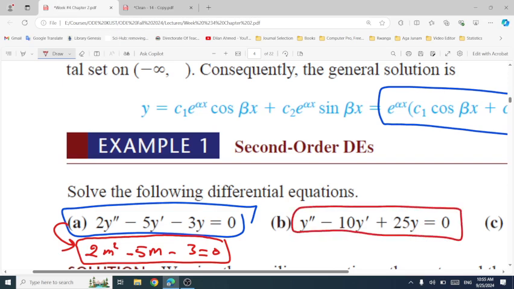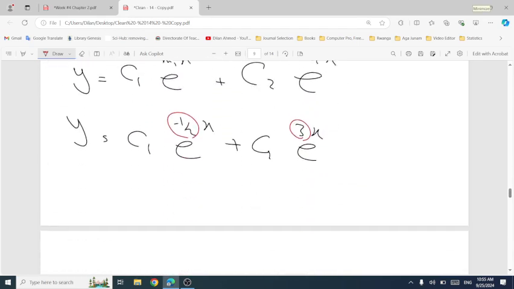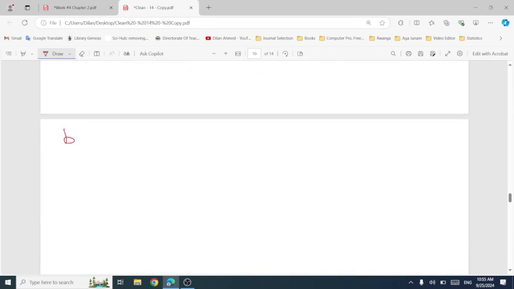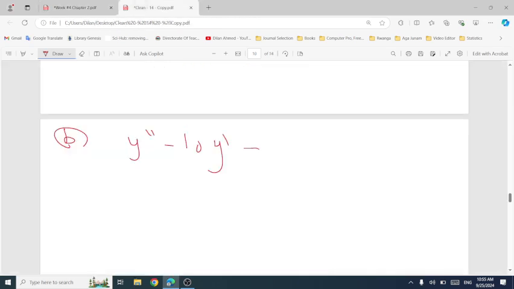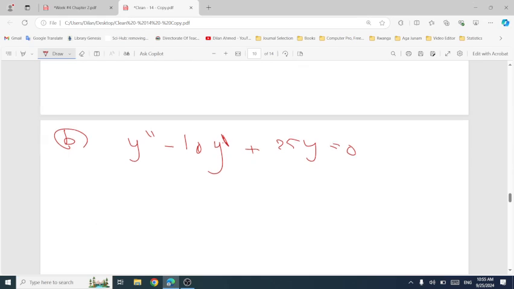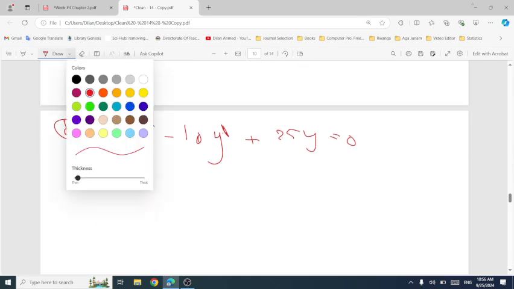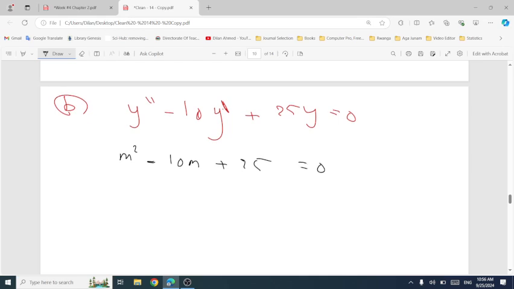Example number 2, or sorry, B. Yalla, help me. y double prime, I want your help, minus 10y prime plus 25y. Yalla. How do we solve that one? Change to m, thank you. So m squared minus 10m plus 25 equal to 0. Am I right?